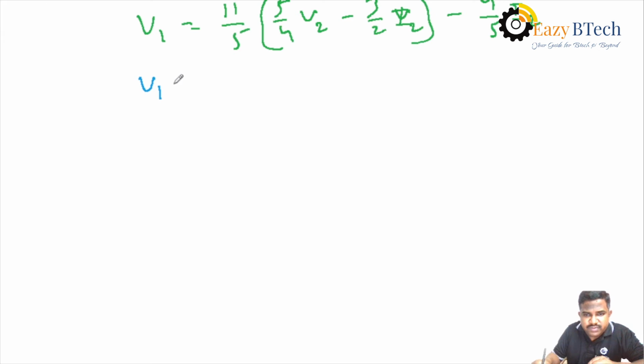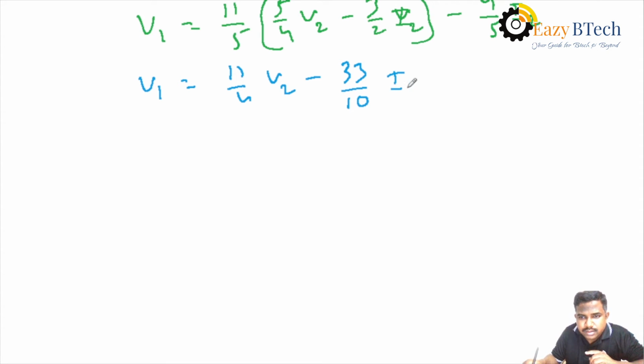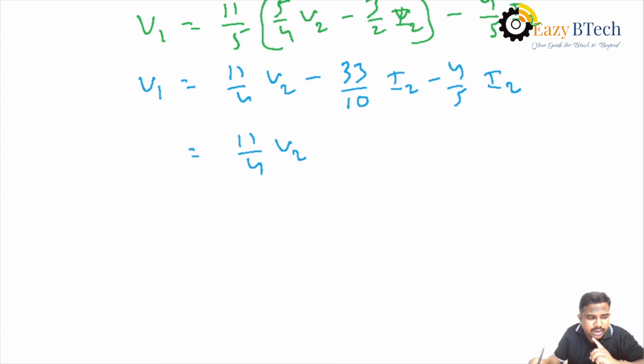That is V1 equal to 11 by 4 V2 minus 33 by 10 I2 minus 4 by 5 I2. If you simplify the values of I2, then you will get 11 by 4 V2 minus 5 by 2 I2. Then this is the standard equation.